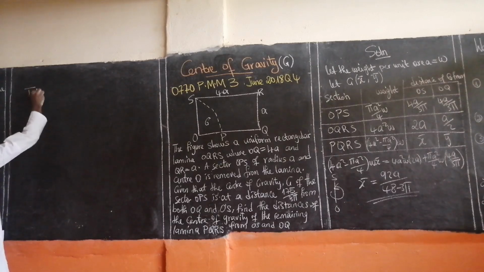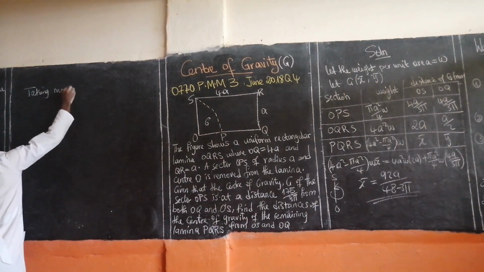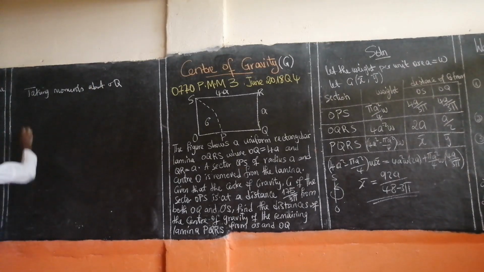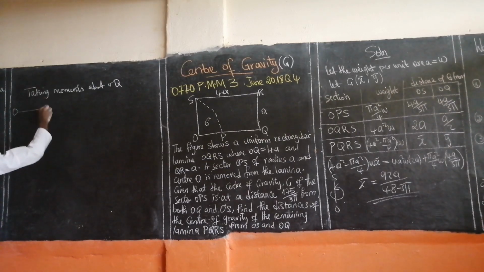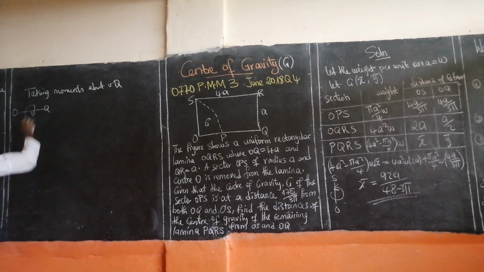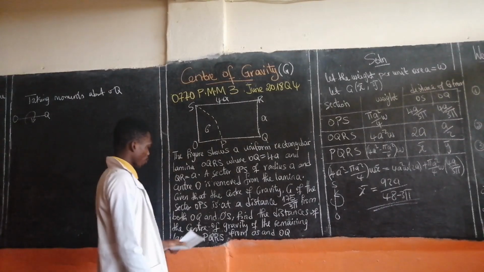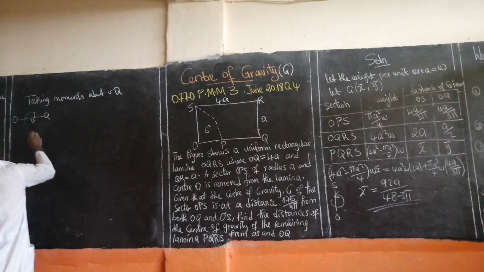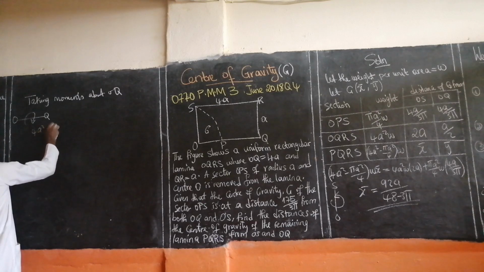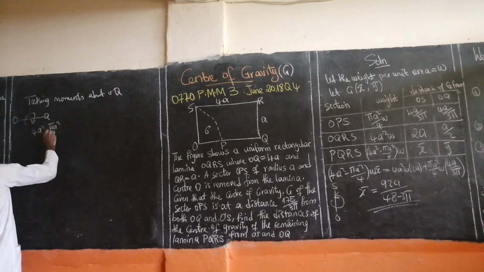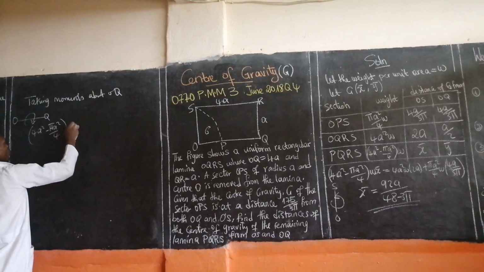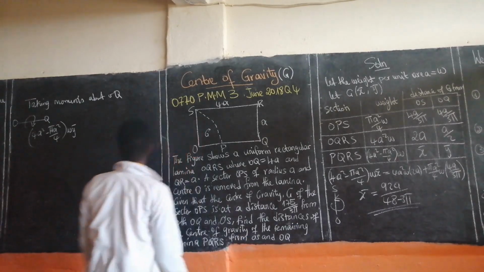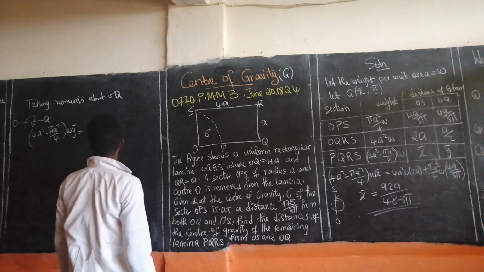Taking moments about OQ, I'll have (4a² minus πa² over 4) W times y bar.